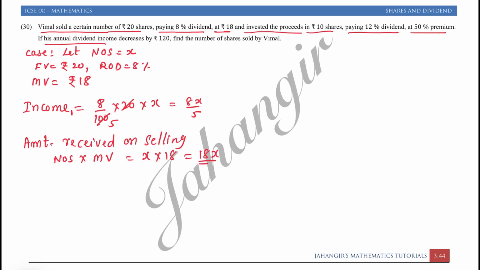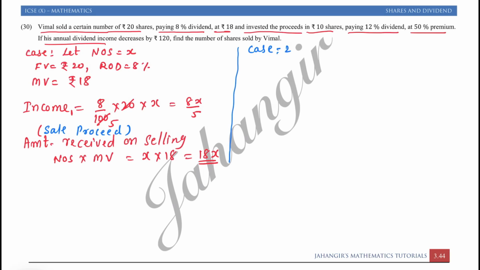He got 18x after selling this. This amount is called the sale proceed. Sale proceed is the amount which we get after selling shares of the first company. Now he invested this amount, so now case 2, or company 2.